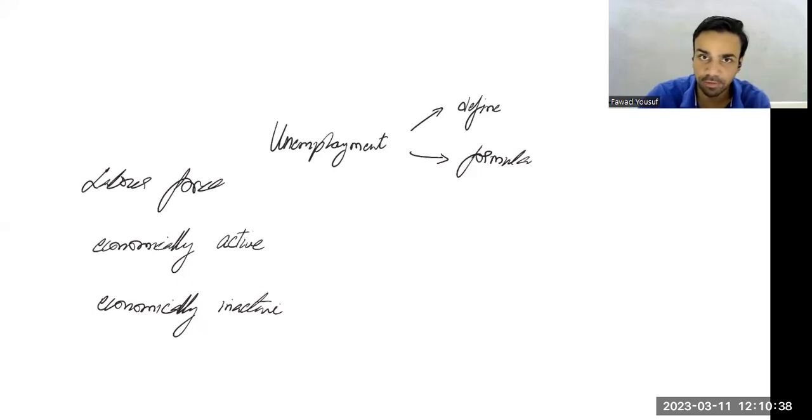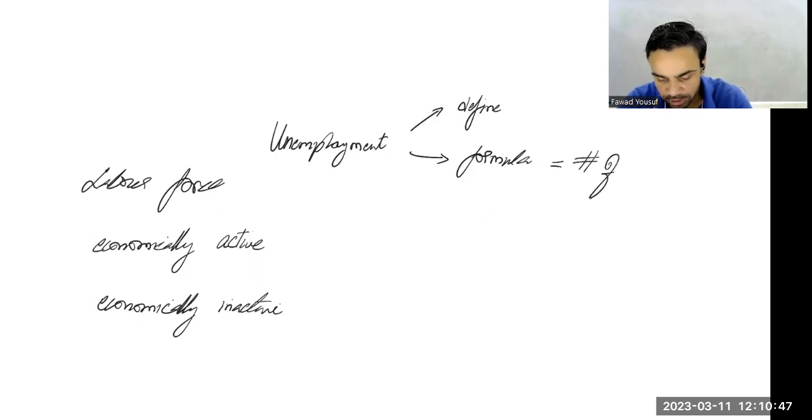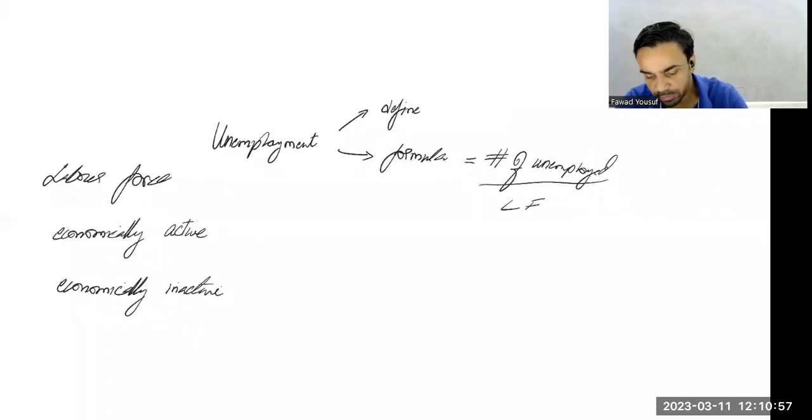So whenever you're going to define the term unemployment with the willingness and ability and all, I would suggest that you should give the formula also, that is number of people unemployed divided by the labor force, and then you multiply that with 100. Now, what is a labor force?